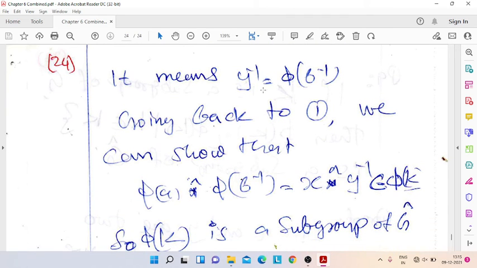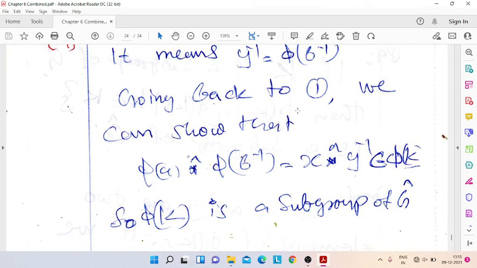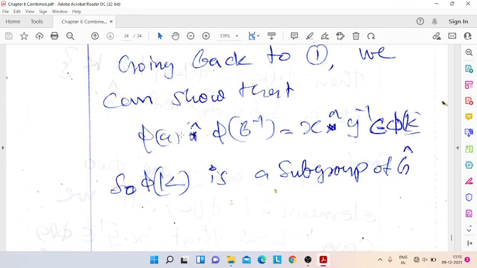Thus we get that y inverse is equal to phi of b inverse. Going back to expression 1, we can show that phi a star phi b inverse is equal to x star y inverse.